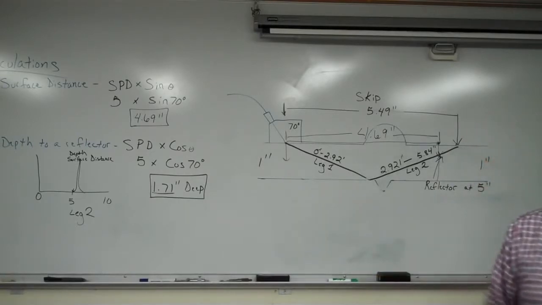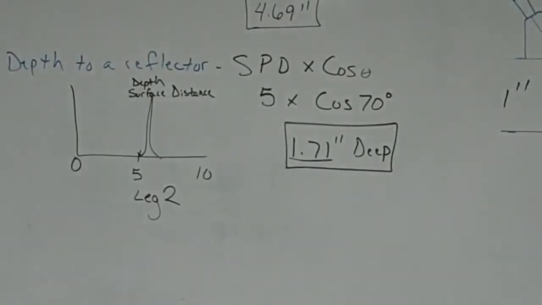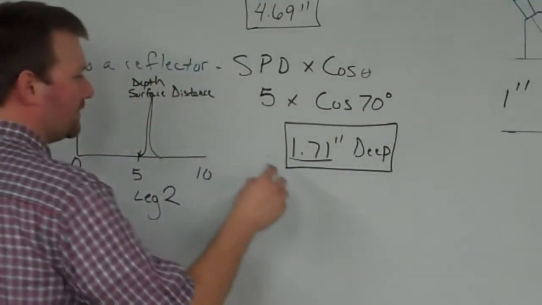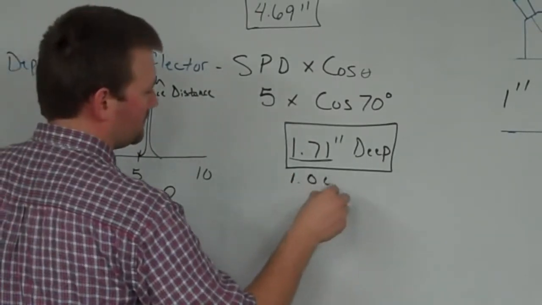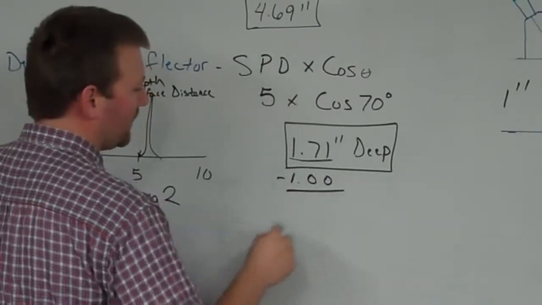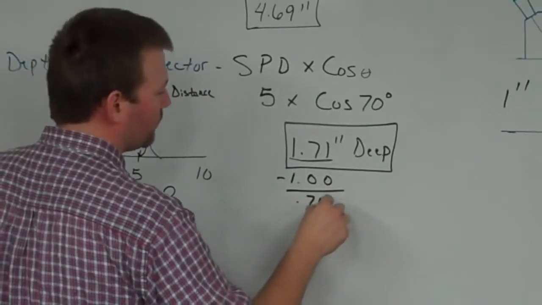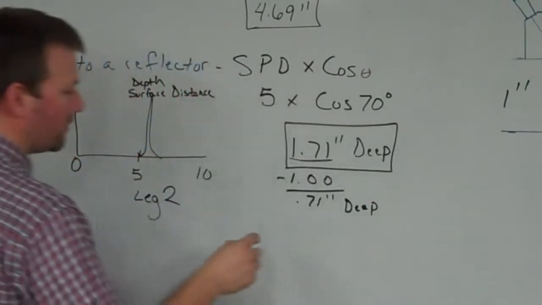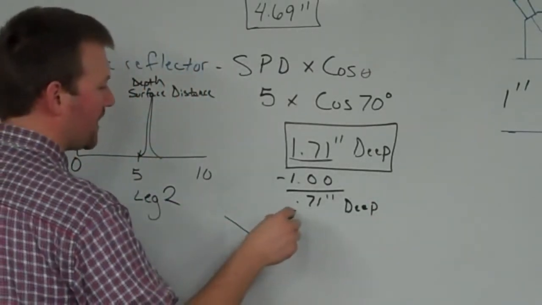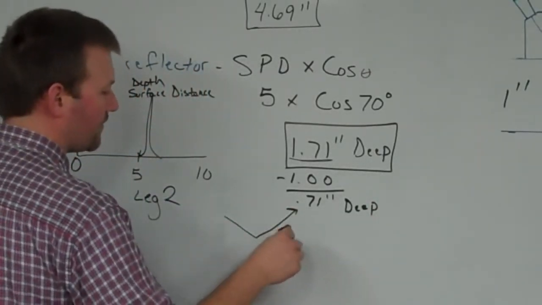So we come back to our 1.71 inches deep. The depth of the reflector is 1.71, but our plate's only 1 inch. So we subtract out a plate thickness, and that tells us it's 0.71 inches deep. But remember, the sound bounced and is coming back up, so all that information is coming from the bottom up.